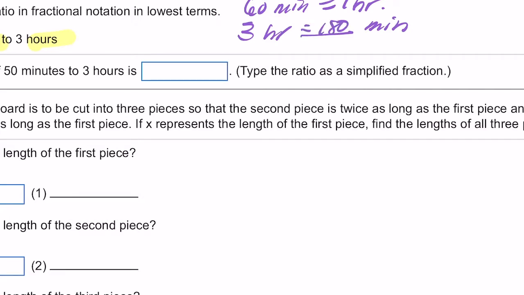That's how many minutes are in 3 hours. So now to write this as a ratio, we've got 50 minutes over 180 minutes. And if I reduce this, 10 goes into 50 5 times, and 10 goes into 180 18 times. So the fraction in lowest terms would be 5/18. You can also use that trick I showed you where you cancel a 0 for a 0. So 5/18 is in simplified form.